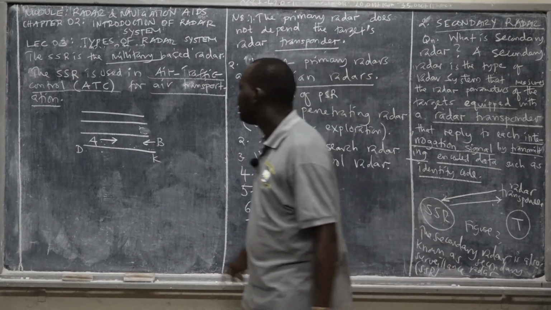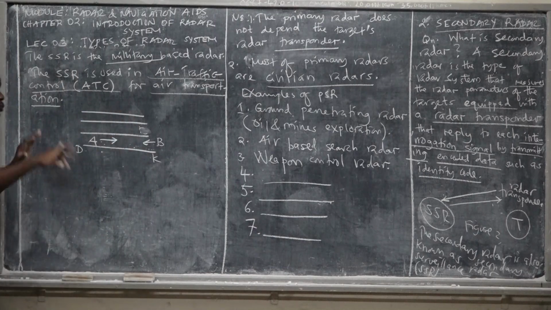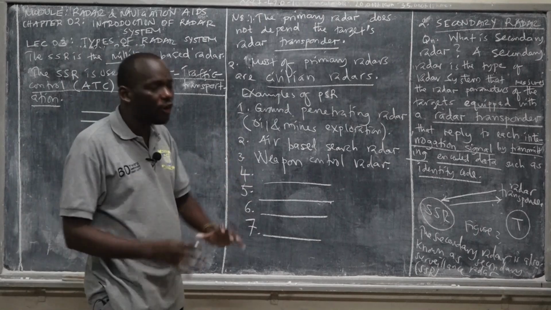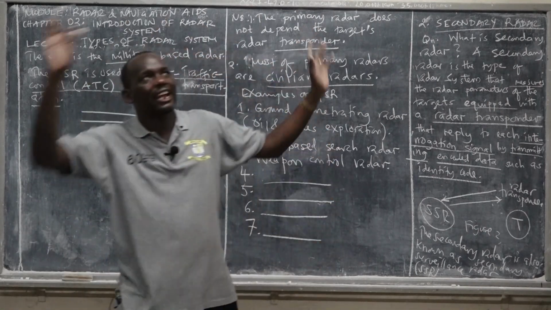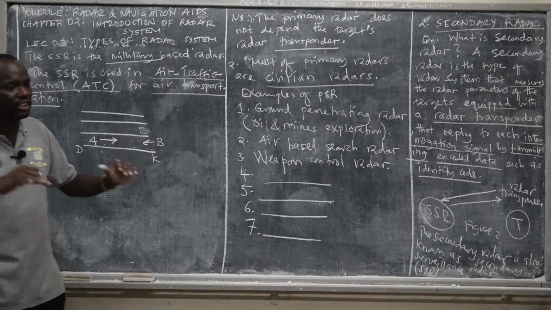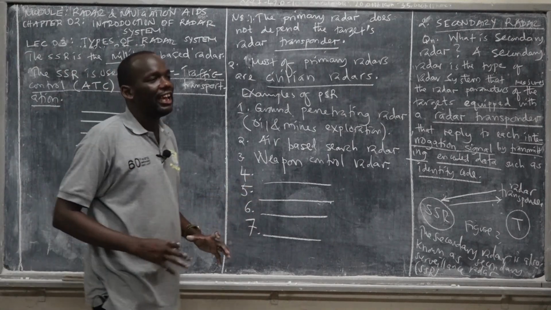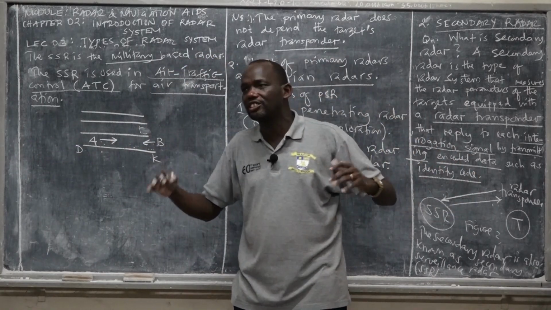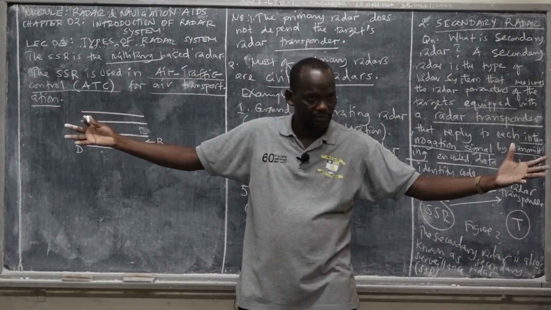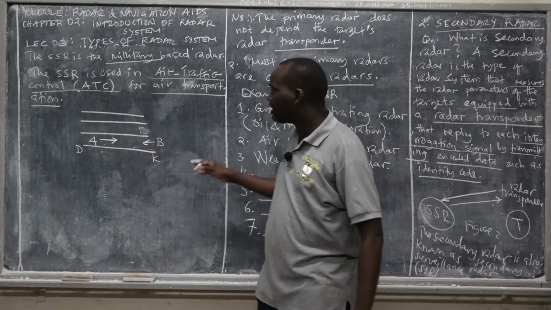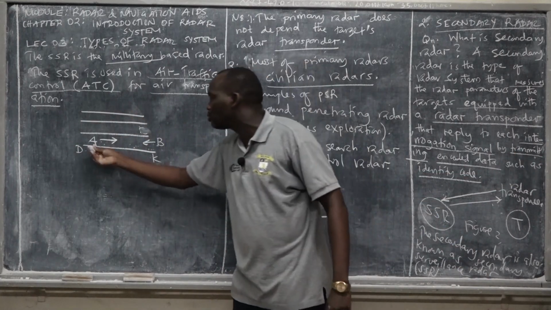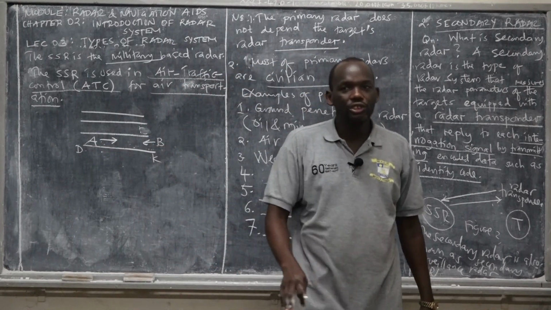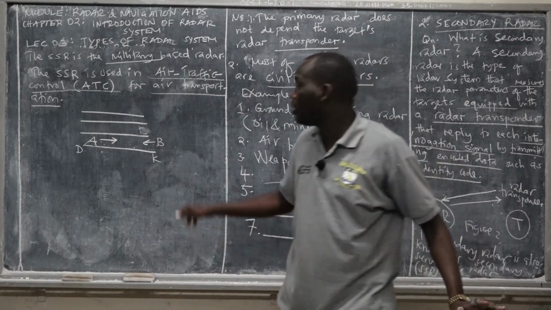Right? So it's air traffic controllers. They have a display to show all the aircraft and all the helicopters, every kind of vehicle that is in the air. They sit especially within that space where the radars and other navigation aids can detect the target. Okay? So these air traffic controllers are the ones that have to tell the pilot of aircraft A that another aircraft B is incoming on the same route.